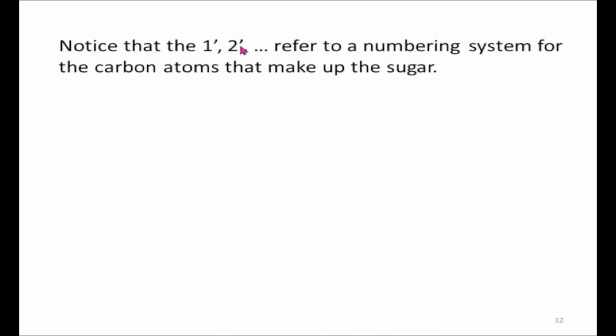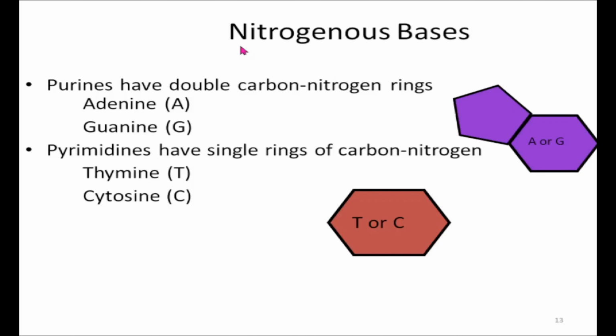There are hydrogen, oxygen, and other elements. Therefore, to identify the carbon, which is the very important backbone element of organic molecules, the numbering is in this form: 1 prime, 2 prime, and so on.